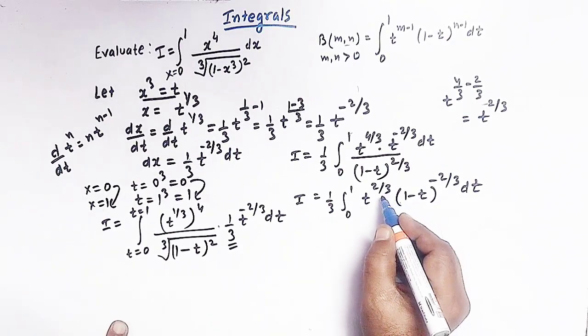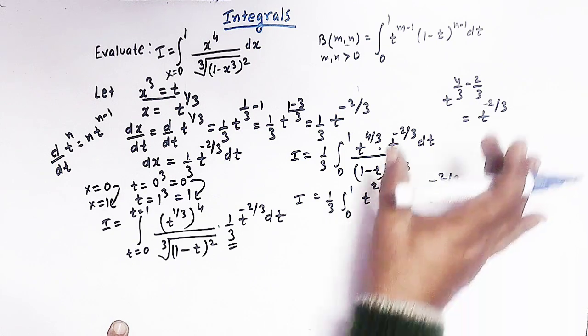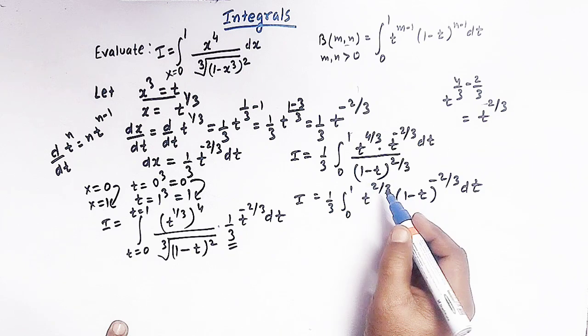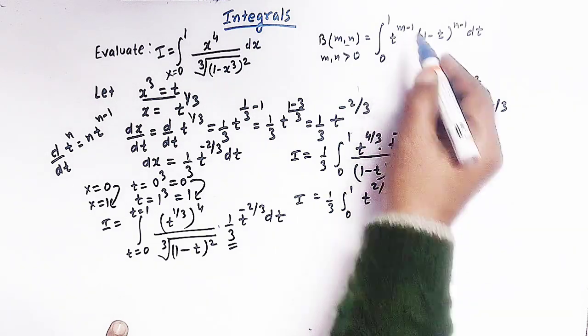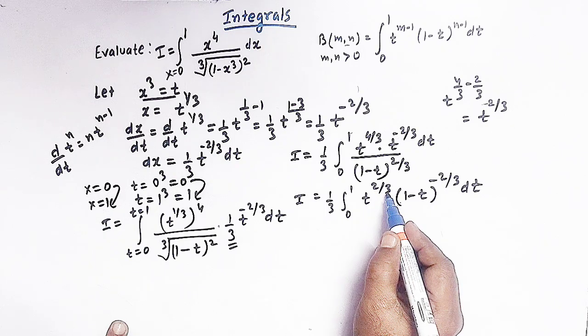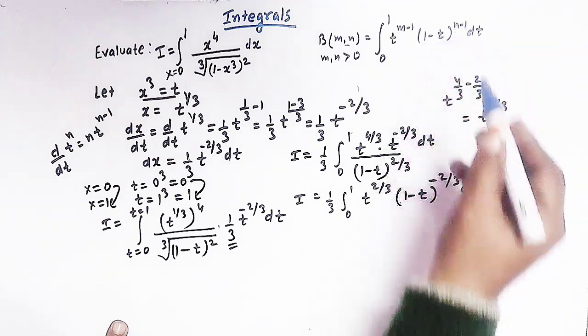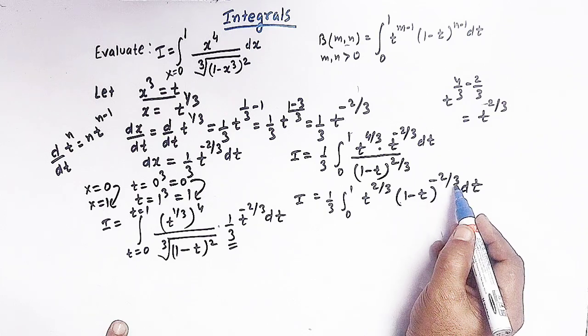So now what we have to do, if we see this integral and this integral, then we can easily conclude that here we have m minus 1 and here we have 2 over 3, and here we have (1 minus t) raised to n minus 1, and here we have (1 minus t) raised to minus 2 over 3.